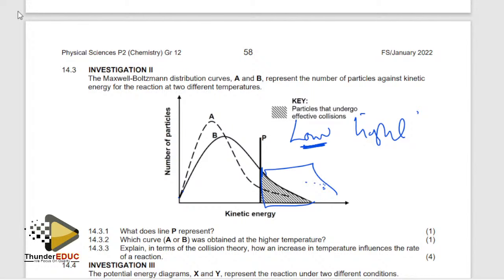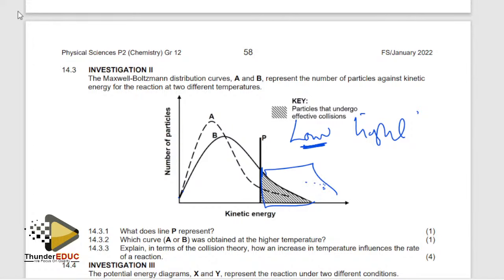If they have higher kinetic energy, it means that you have more particles with sufficient energy, which will increase the rate of collision per unit time. The words per unit time, we need to see them. And if the rate of effective collision per unit time is increased, then the rate of reaction is going to increase.